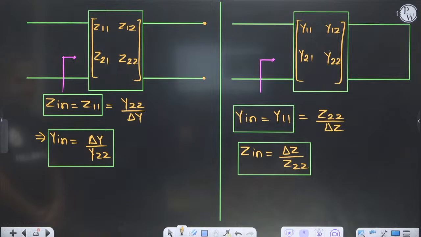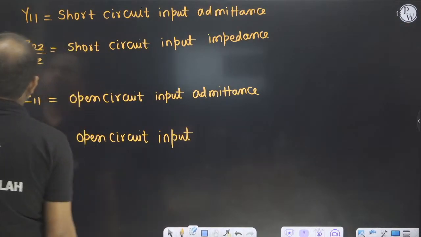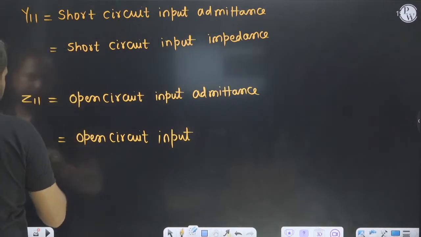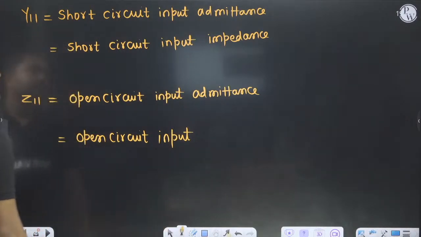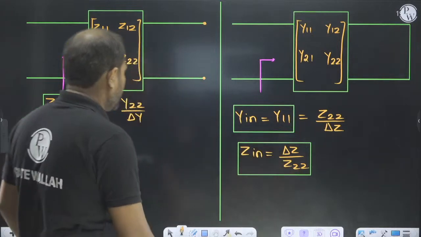Z11 and delta Y upon Y22. So Y11 is short circuit input admittance, and short circuit input impedance is delta Z upon Z22.